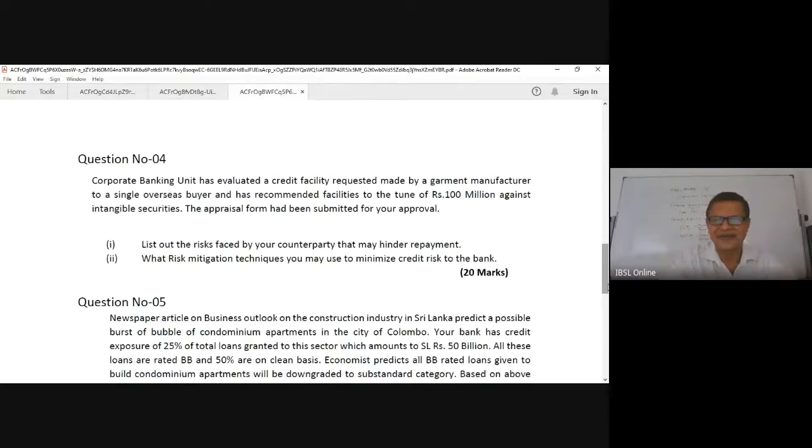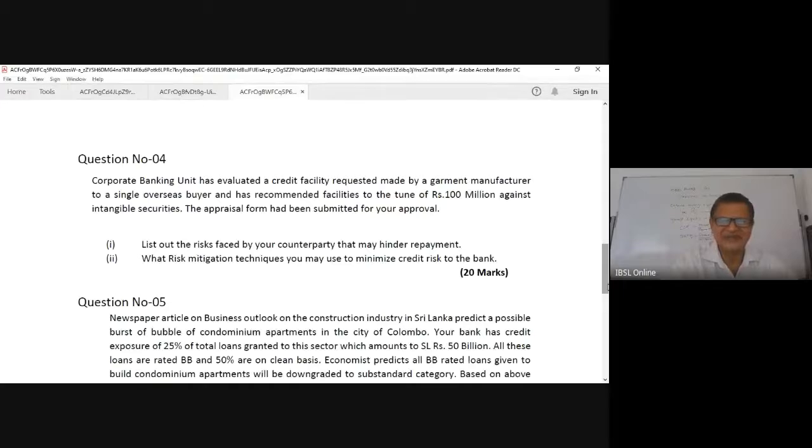And recommend a facility to the tune of 100 million. So they have already given the amount of money he wants to borrow, and the question also says he is not giving tangible securities. Tangible securities, you need to understand, are like property mortgages, cash, guarantees, or treasury bills and bonds.